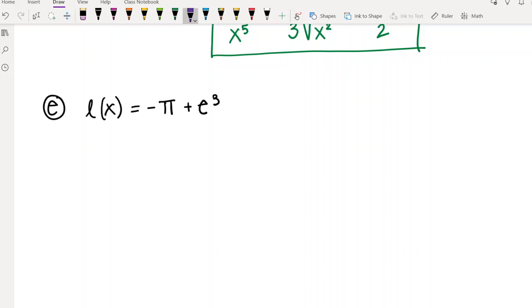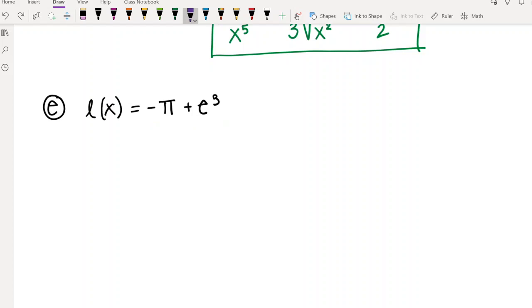Well, what is pi? Pi is a number, right? It's approximately equal to 3.14. What is e cubed? Well, it's the number e, which is about 2.72, and then you take that number and cube it. So notice our input variable is x, right? And are there any x's on this side of the equation? No. So this is a constant function.